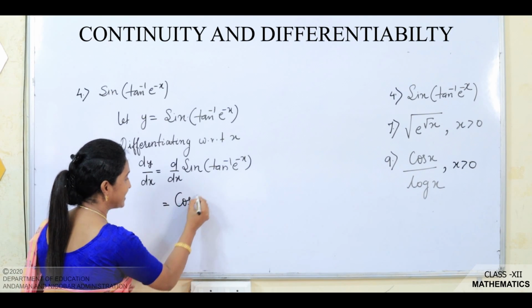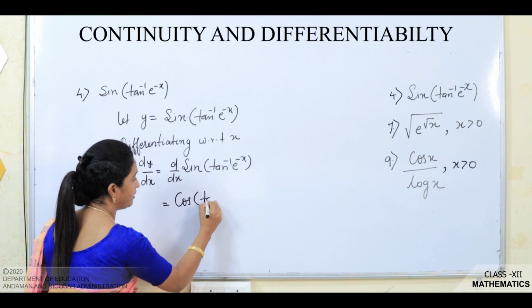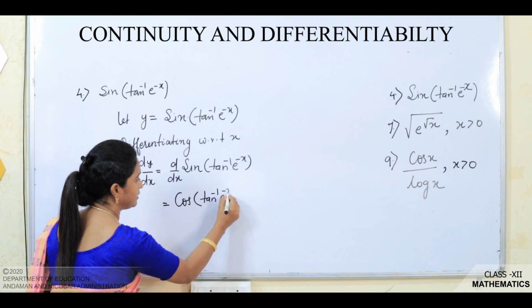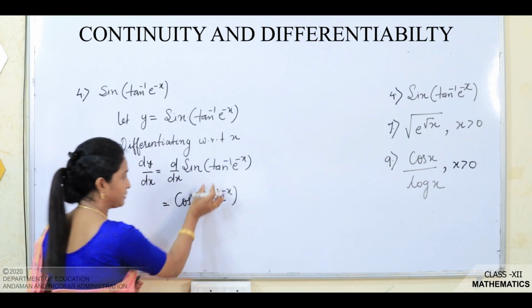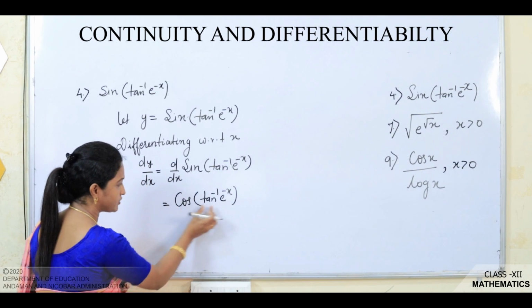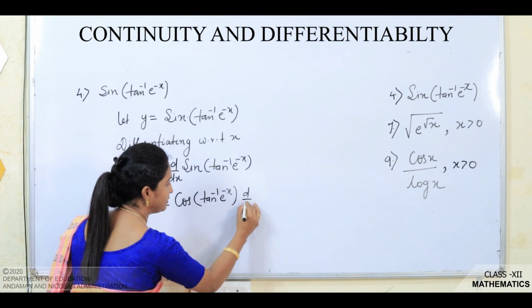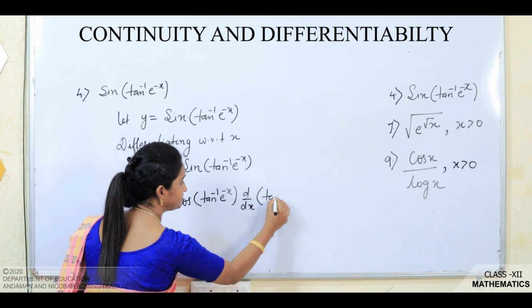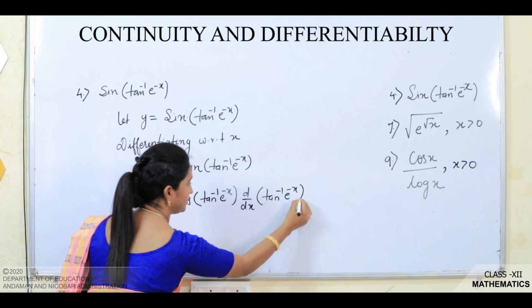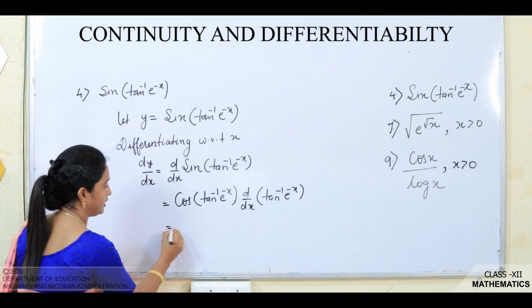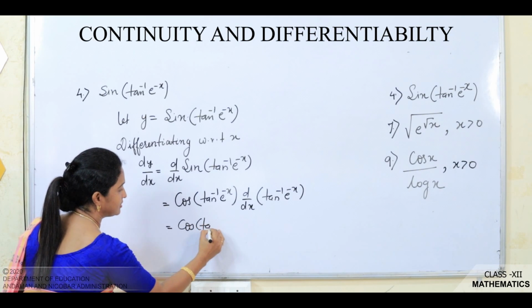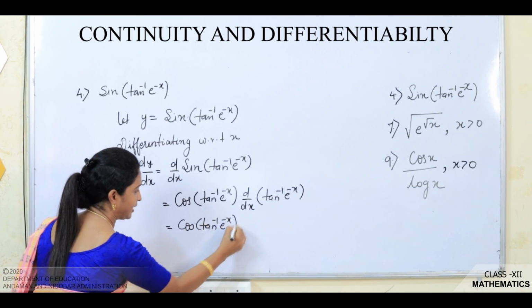It is cos x. So in place of x it will be tan inverse e power minus x. That means derivative of sine of something is cos of something into d by dx of tan inverse e power minus x. Again cos tan inverse e power minus x.